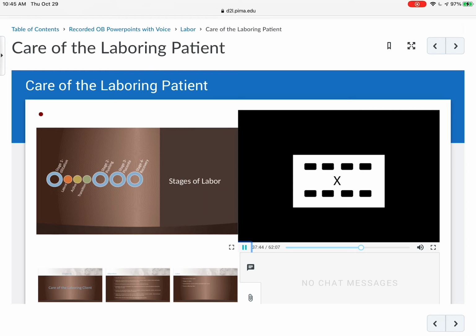In addition to that, we know that this is when most moms may hemorrhage, and so we watch them very, very closely. We check them every 15 minutes. We do a fundal check, where we feel the uterus, and the uterus right after delivery can be felt right around the umbilicus area. So we check and make sure that it's nice and firm, because if it's nice and firm, it's contracting.